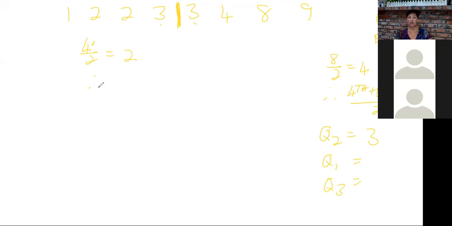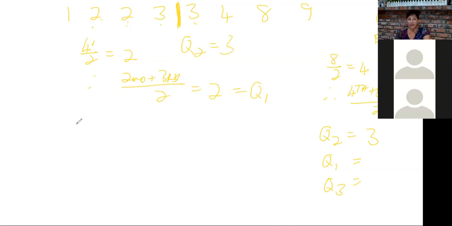So you get 2, therefore it's the average of the 2nd and the 3rd. Again, they happen to be the same. 2 plus 2 is 4 divided by 2 is 2. And that's your lower quartile. Your median Q2 was 3.